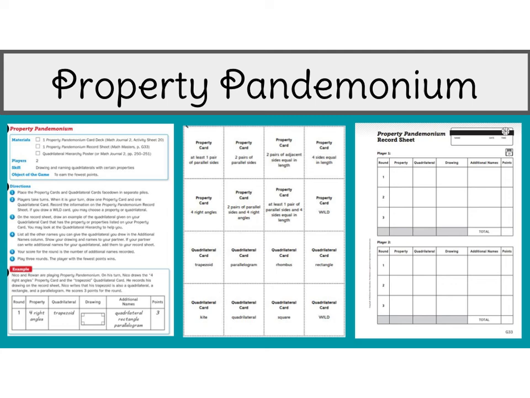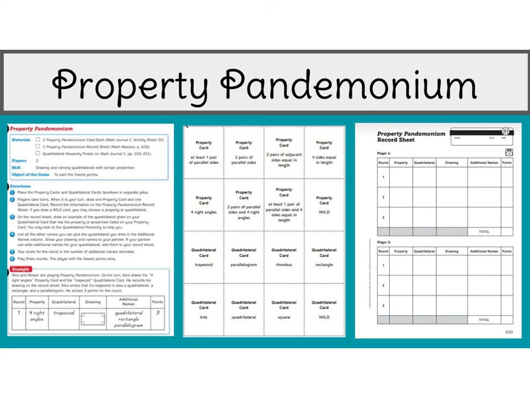And then you're going to list all the names you can give the quadrilateral that you drew in the additional names column. Show your drawing and names to your partner. If your partner writes any additional names for the quadrilateral, add them to your record sheet. Your score is going to be the number of additional names that are recorded.